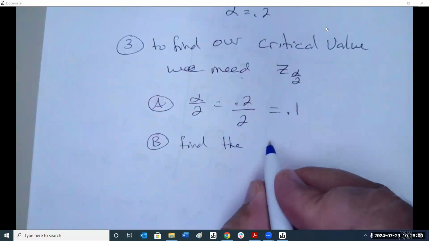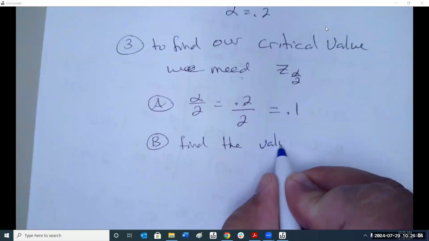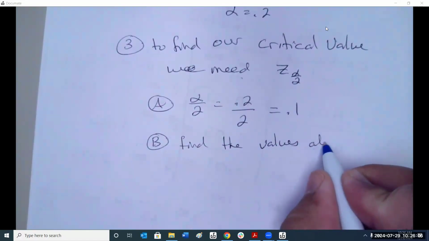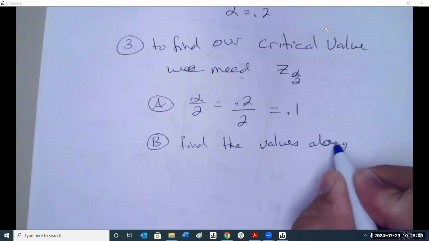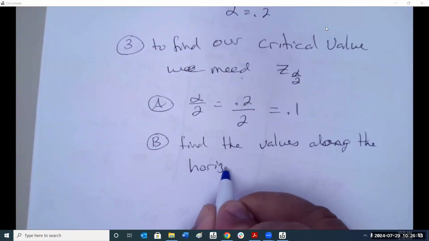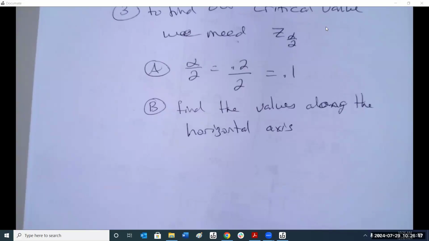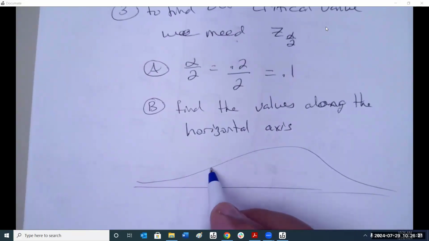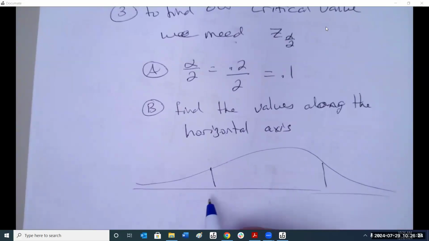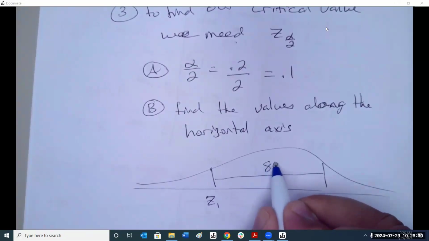Find the values along the horizontal axis. So this is Z1, this is Z2. We know that 80% is in here.